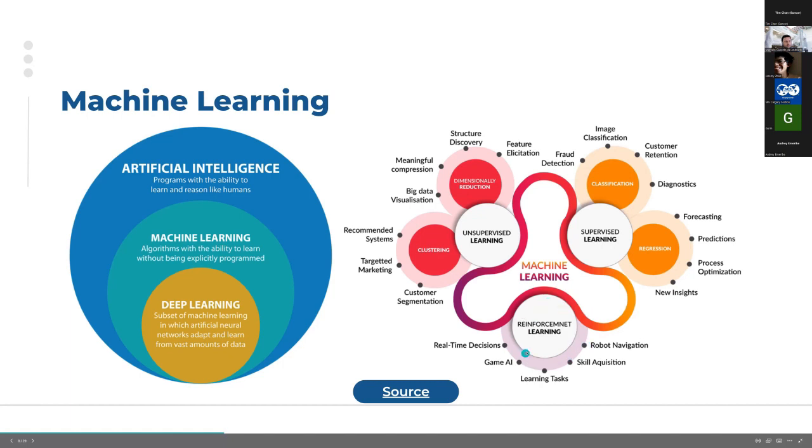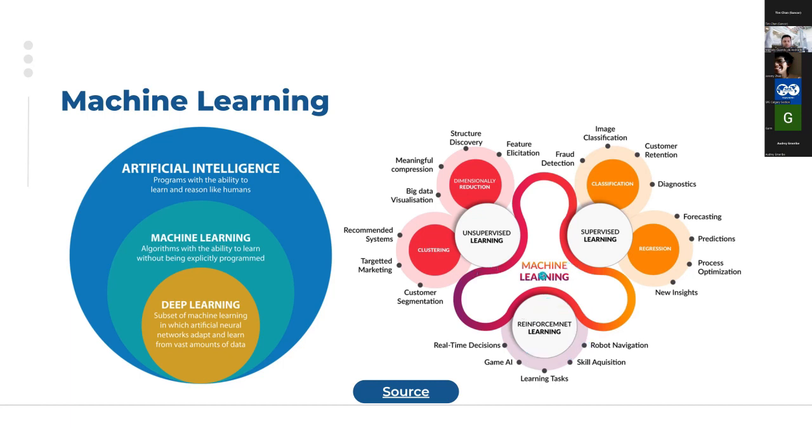Reinforcement learning is a kind of combination of both. It's widely used for self-driving cars, where the machine learns on the fly through rewards or penalties, depending on the decisions it makes.